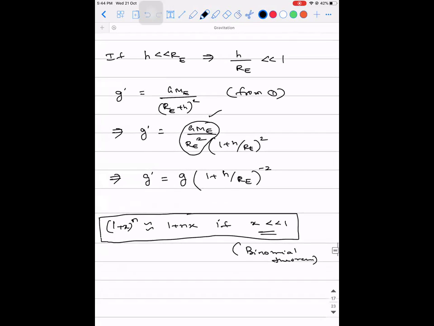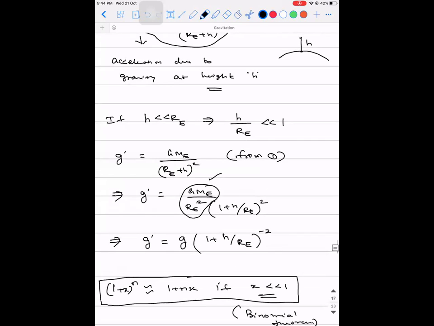Okay. So why I use this concept is, I wrote H divided by RE to be very much less than 1. If you observe, if I call H divided by RE as x, then (1 plus x) the whole power minus 2, using this form, how can I write it?